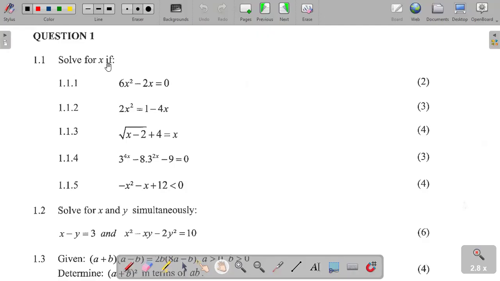1.1, they say solve for x. We are required to solve for x here.